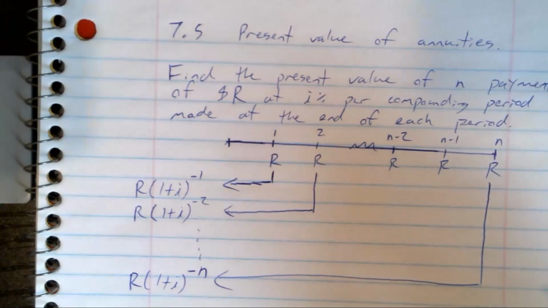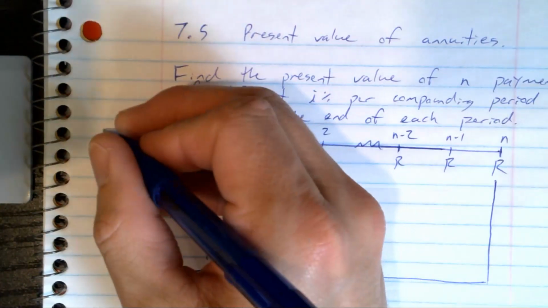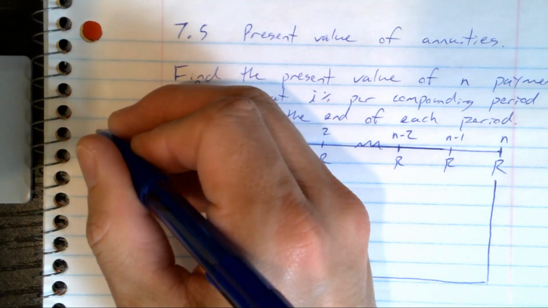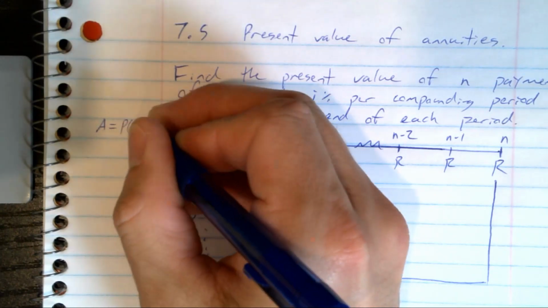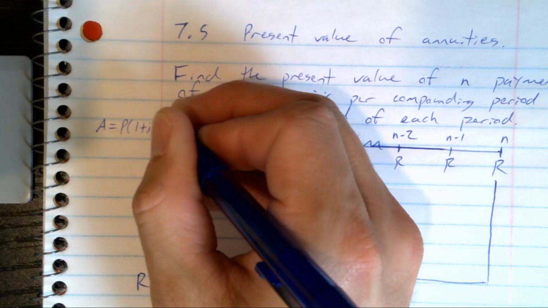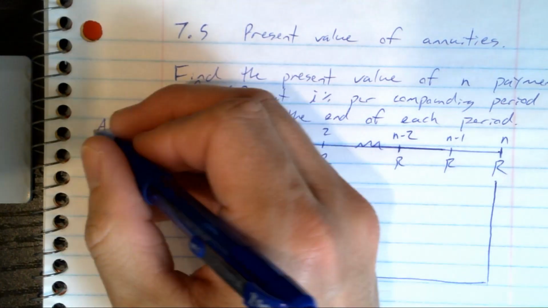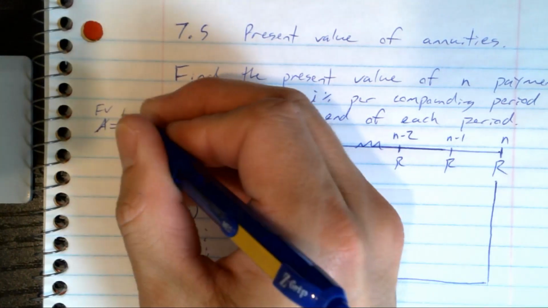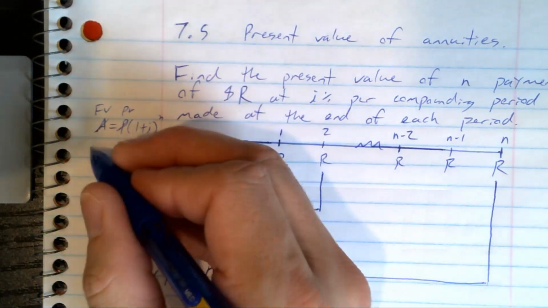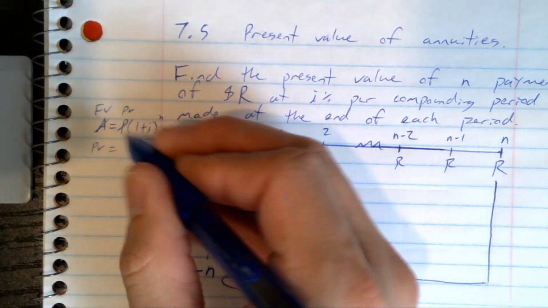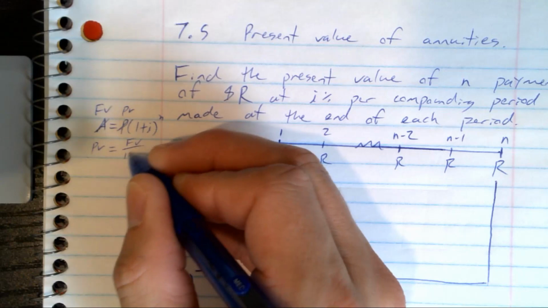Okay. So yeah, what we're doing here, you may recall we said that the amount of a lump sum is its principal multiplied by 1 plus i to the exponent n, or we called this future value and this present value. So if we isolated for present value, we could have done future value divided by 1 plus i to the exponent n.